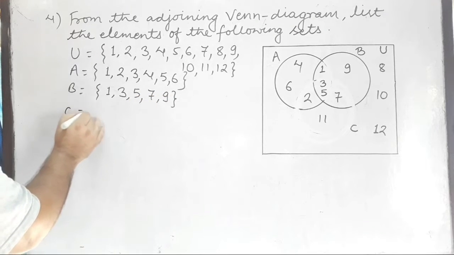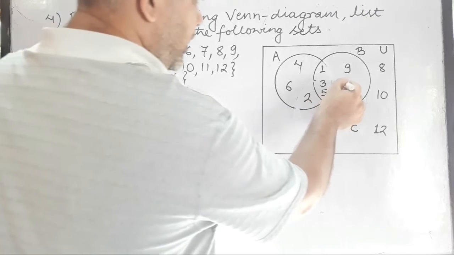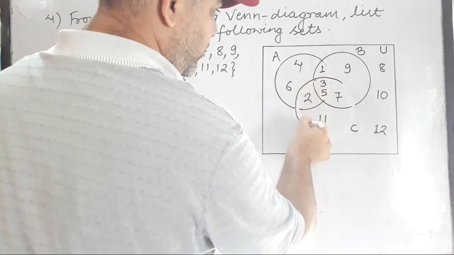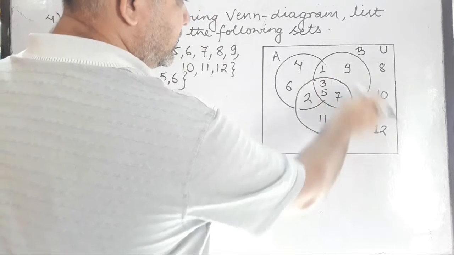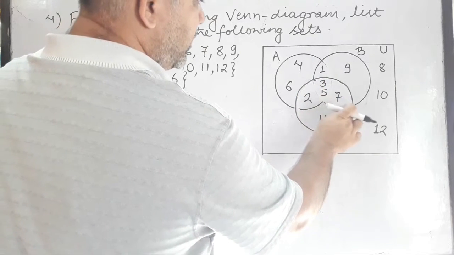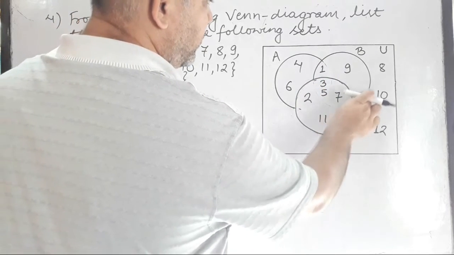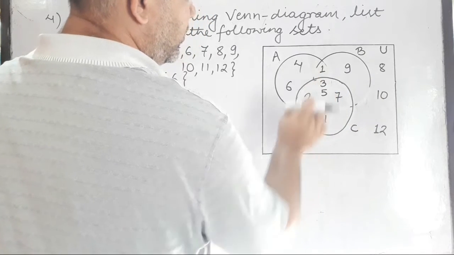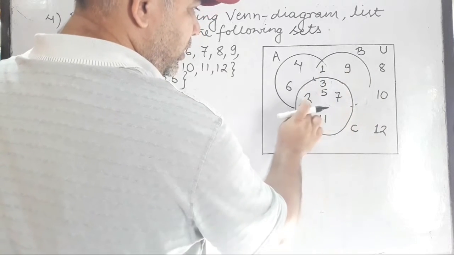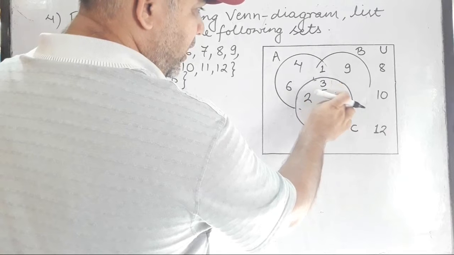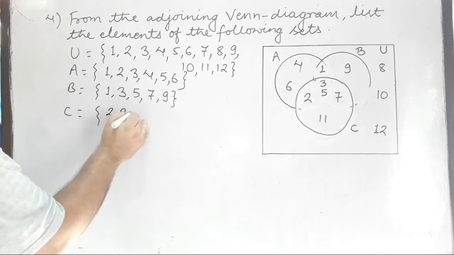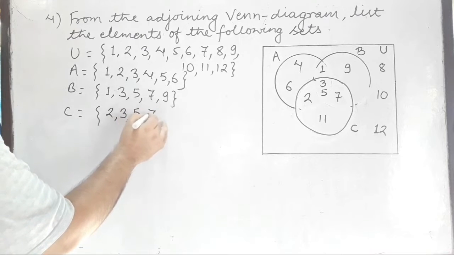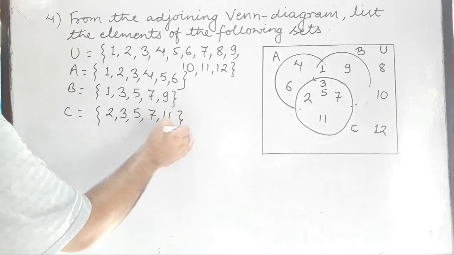Now inside the set C. Inside the set C, ignore the sets A and B. What are inside the set C? 2, 3, 5, 7 and 11.